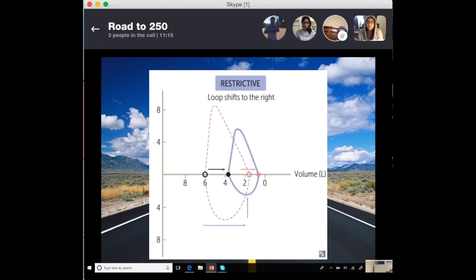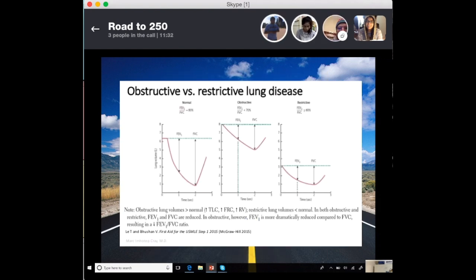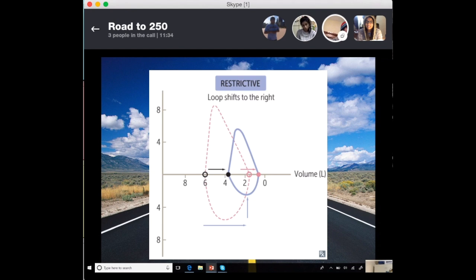Okay. So now in restricted lung diseases, we've got loops that shift to the right. So can anybody give me some restrictive lung diseases? Emphysema. Pneumoconiosis. Yeah. Yeah, pneumoconiosis, sarcoidosis.